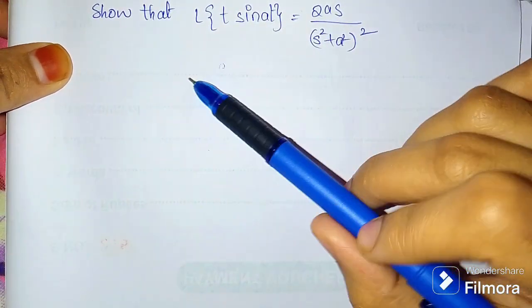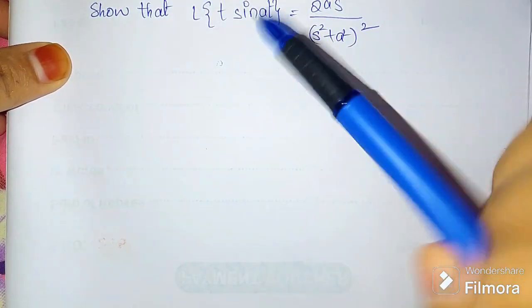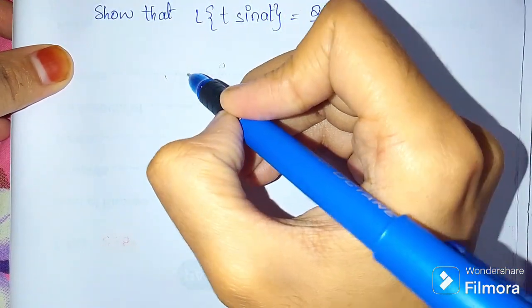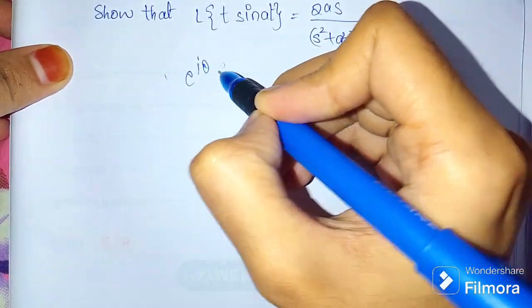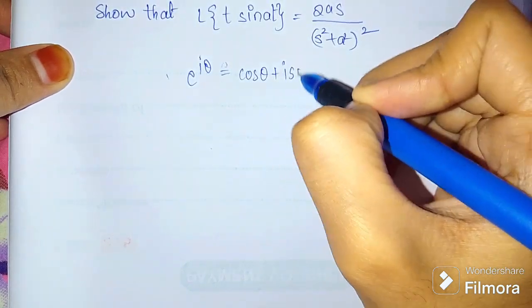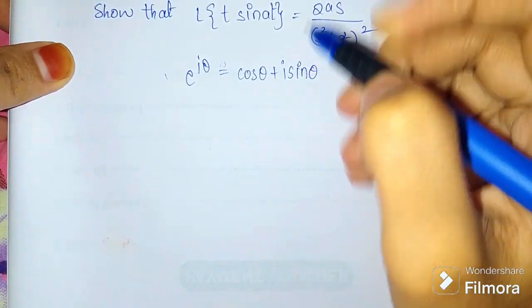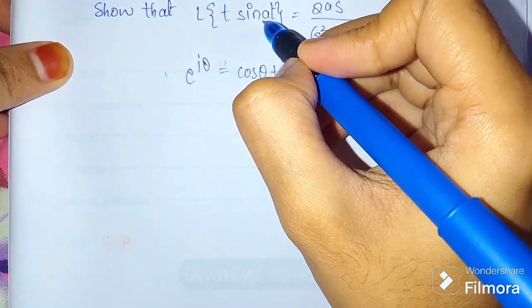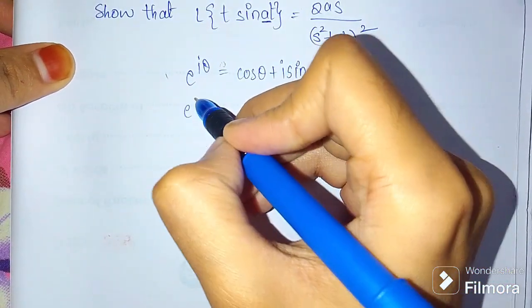But if they ask you to prove it by first shift property, you should do it like this. We know that e power i theta is cos theta plus i sin theta. So in place of theta, if I take at, what will it become?